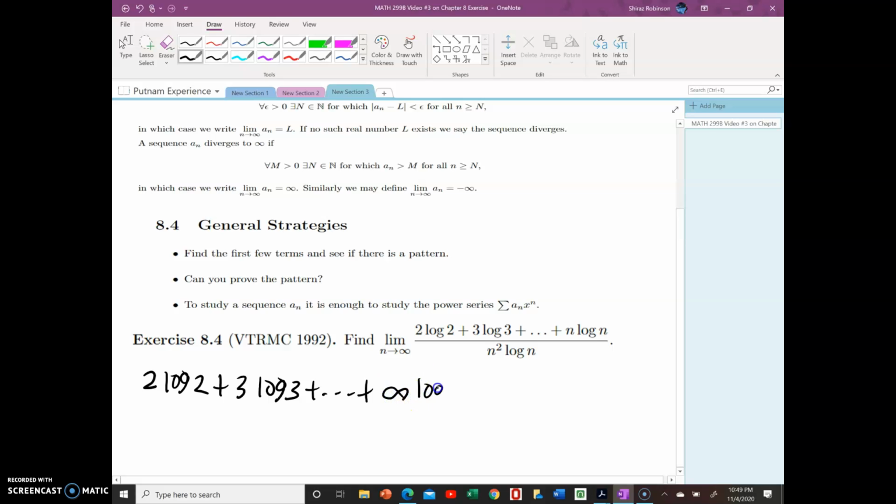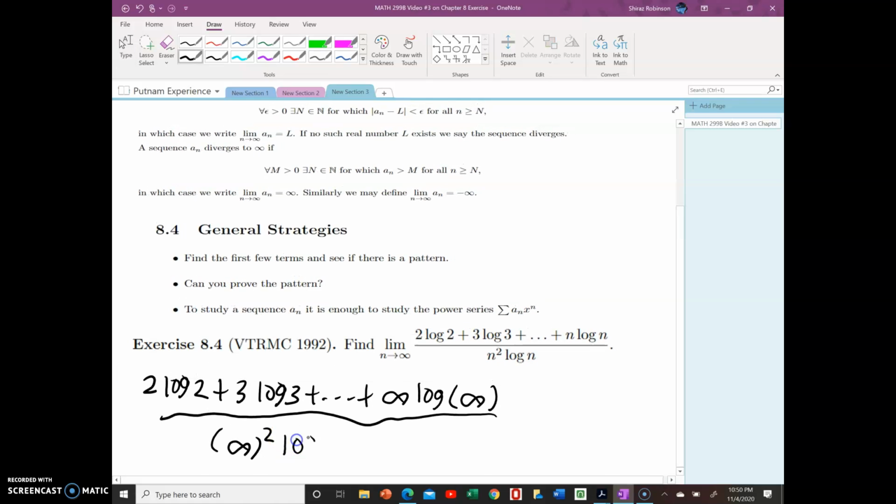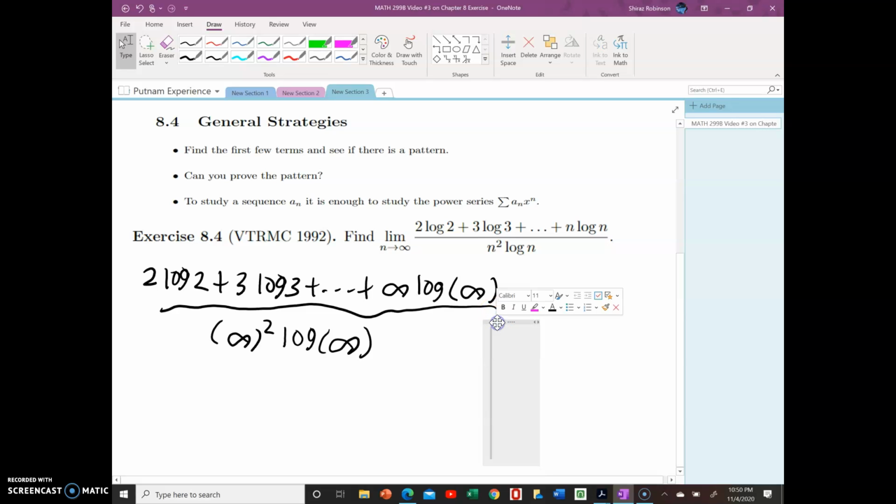Infinity log infinity over infinity squared log infinity. So when you have the log of infinity, what happens is log of infinity equals infinity.